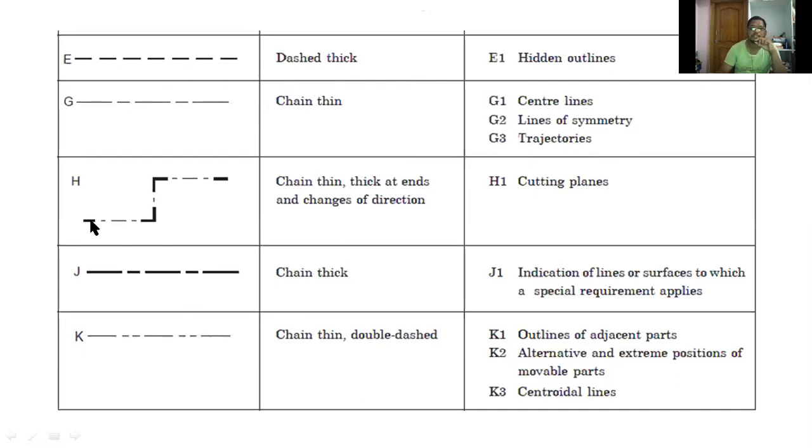Now this Z type dashed line is used for indication of cutting planes. Okay, this type of line is used for indication of cutting planes.